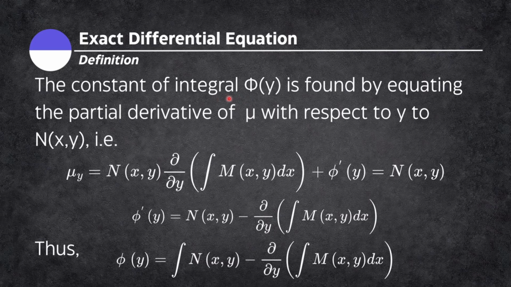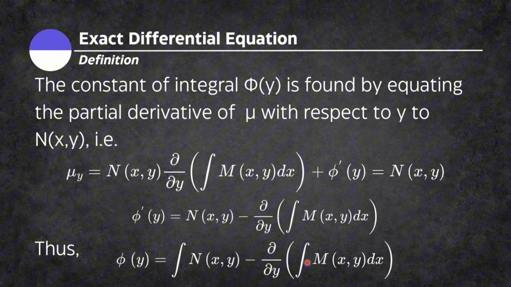And we can get it by using this formula. Phi of y equals the integral of the N function minus the partial derivative in terms of y of the integral of M of x,y dx, right? This M function.